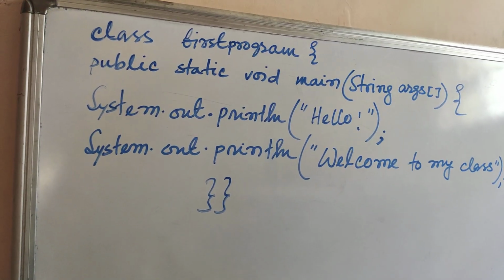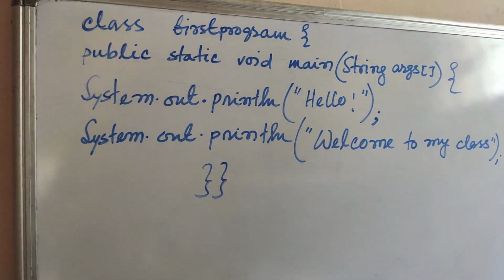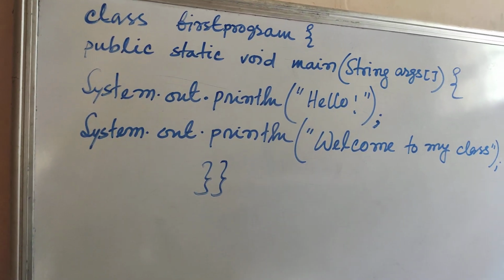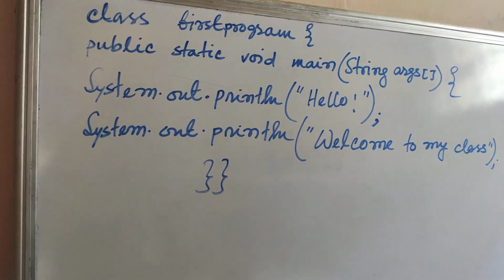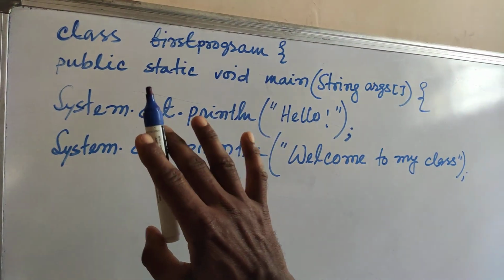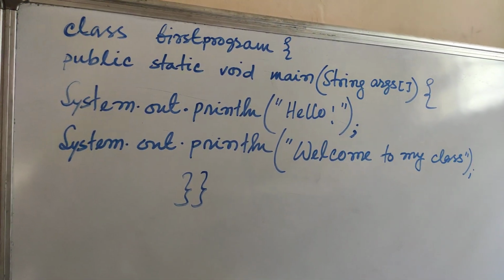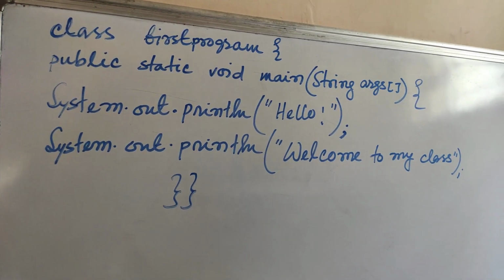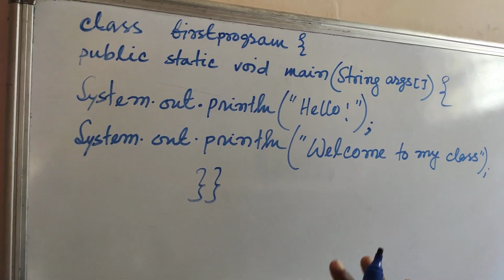After writing the program, you have to compile the program. When you compile, if there is no syntax error, then the computer displays no syntax error. If an error is there, then that error will display.